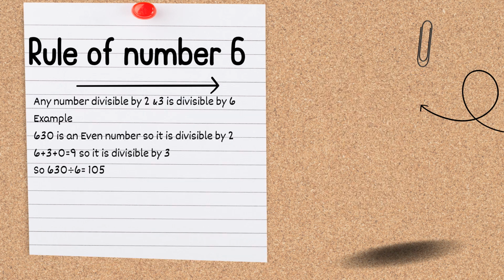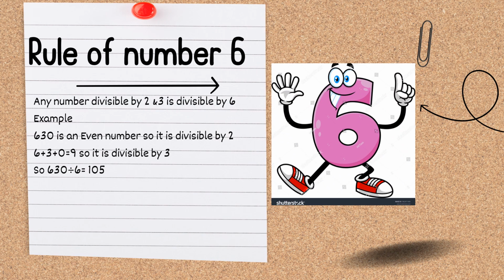Let's go to number 6. 6 is a game player. He plays with 2 and 3, and they are his friends. So he will never accept a number to be divisible by 6 unless it is divisible by both 2 and 3.